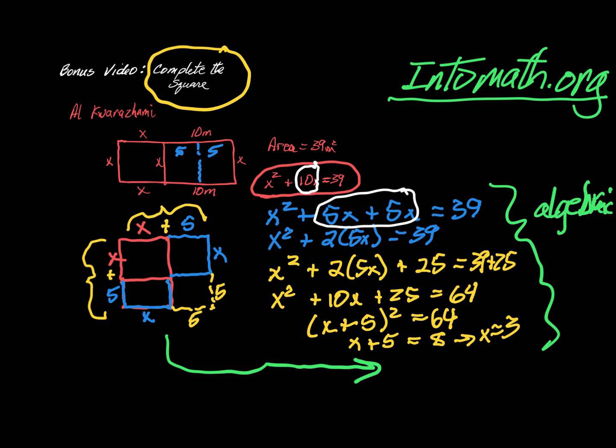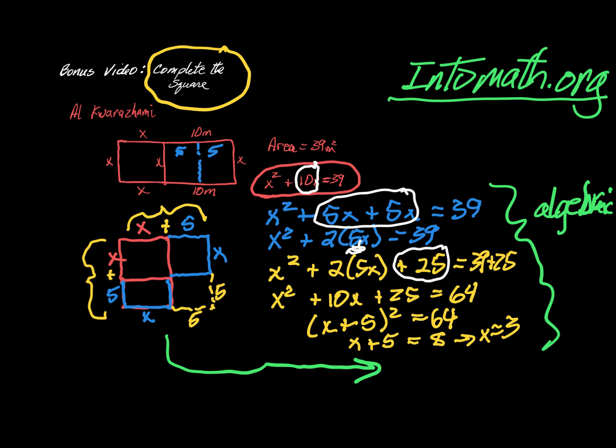The next thing that we do is we have to complete the square. So we figure out that we end up adding 5 squared. Now, where did that 5 come from? Well, it came from this half.